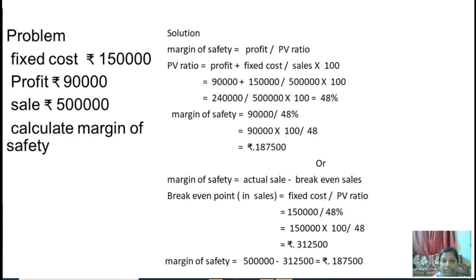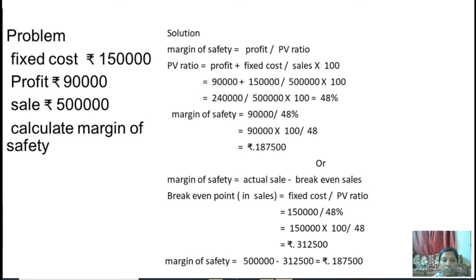In the other method, the margin of safety, we are using the formula actual sales minus break-even sales. Here, the actual sales in the problem is 5 lakh rupees. But break-even sales is not in the problem. So now we are calculating the break-even sales. The break-even point in sales, the formula for this is fixed cost divided by PV ratio.